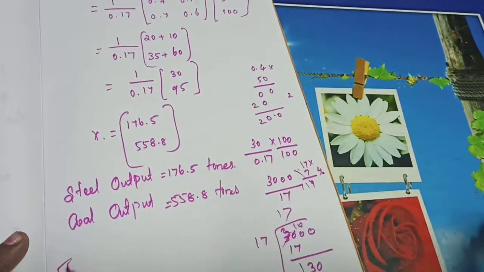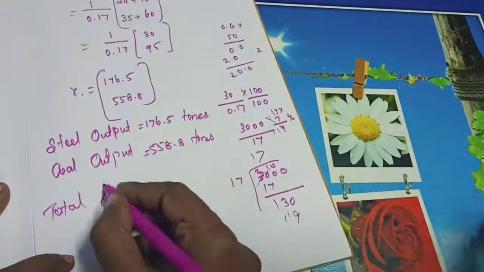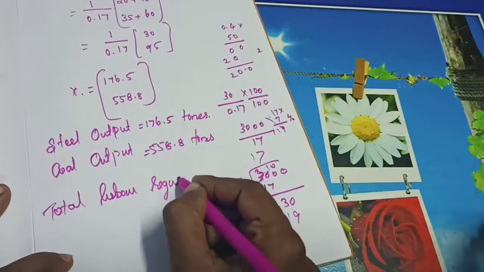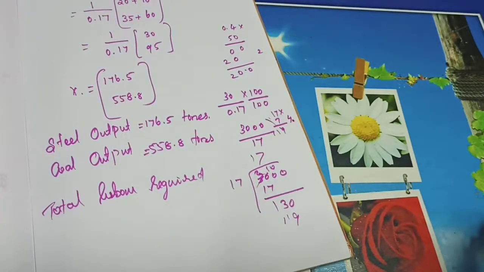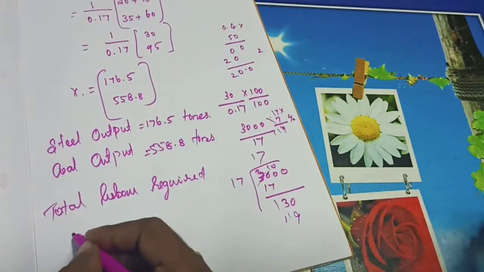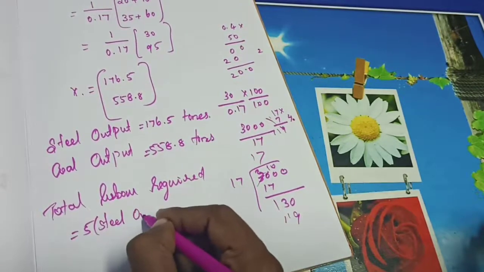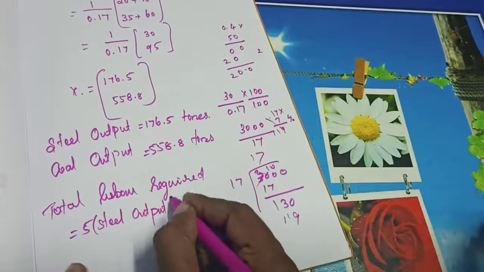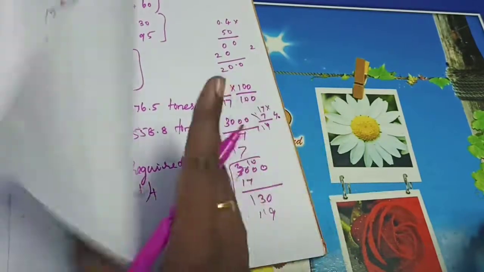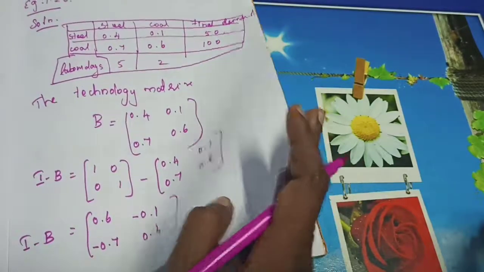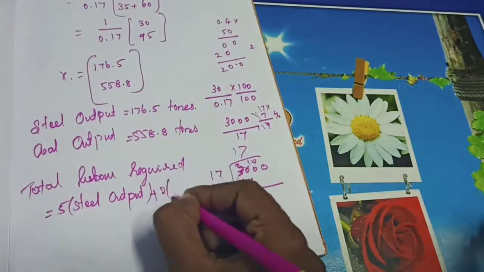Now one more question: they also asked for total labor required. How will we find total labor required? Here it is given: 5 into steel output plus 2 into coal output.